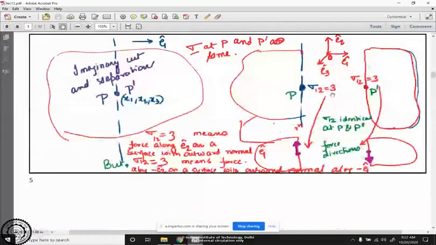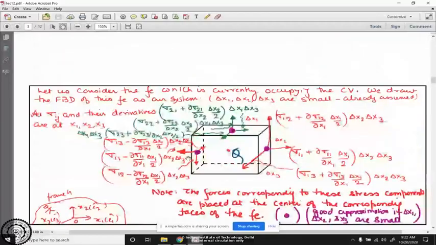So sigma 1 3, the same value, will give you a force along plus E2 if the outward normal is along plus E1. But if the outward normal is along minus E1, the same value actually means a force acting along minus E2 direction. That is the idea used here to draw the arrows in the fashion they appear on this slide.